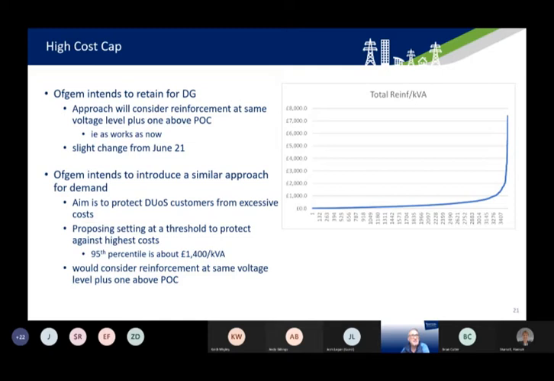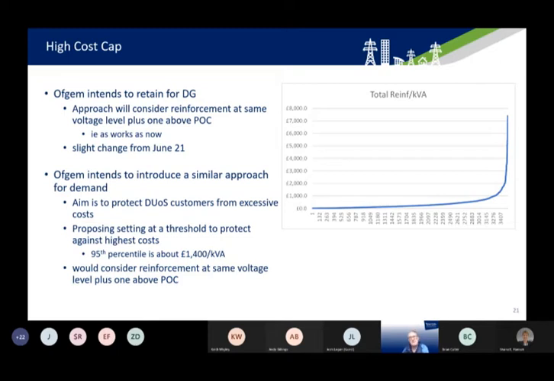So this is a change to what they had in their mind to do, in that it'll include the reinforcement at the same voltage level as the POC plus the one above in calculating the high cost cap. So that's a slight change from the June 21 position. The more significant change is for demand, where Ofgem intends to introduce a similar approach.